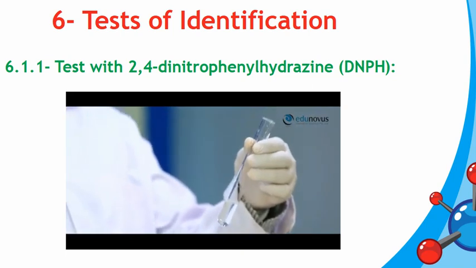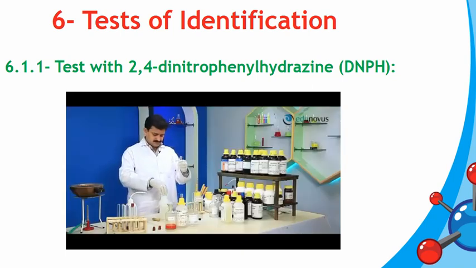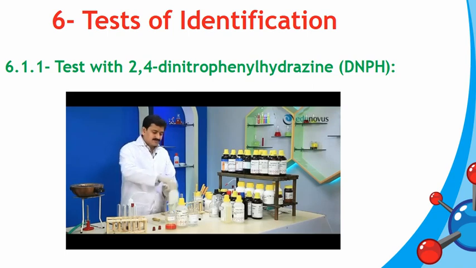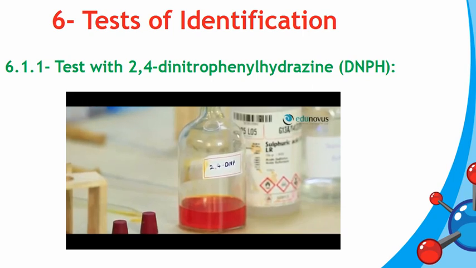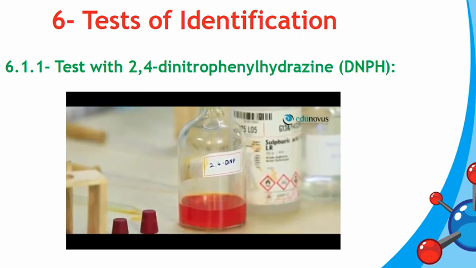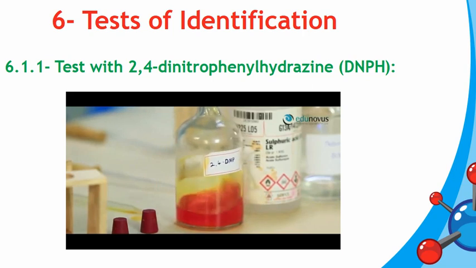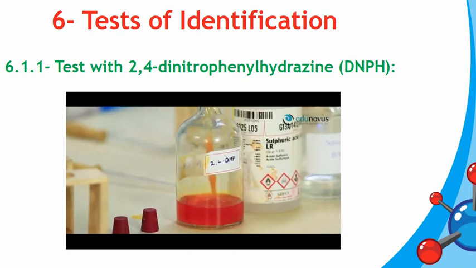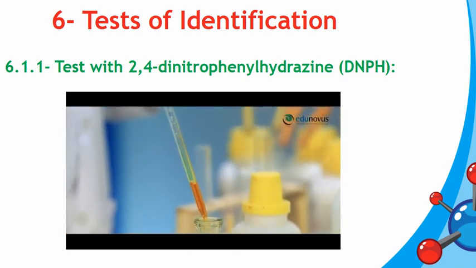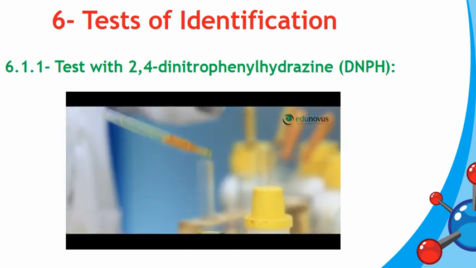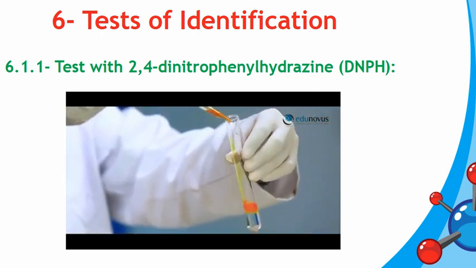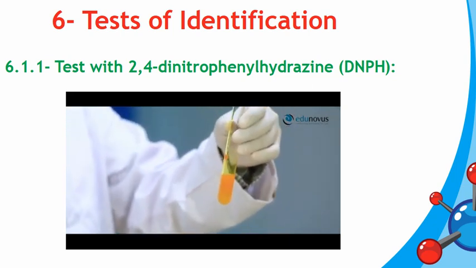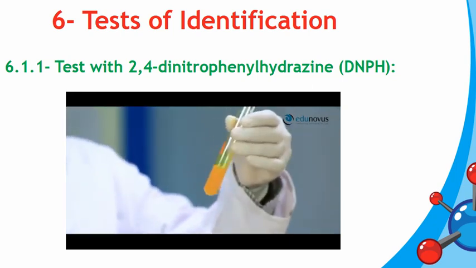This is the colorless liquid organic compound. This is the color of the DNPH. It is orange color, not like this solution. This is the correct color, orange color. We add 2-3 drops. We observe the formation of a yellow-orange precipitate.